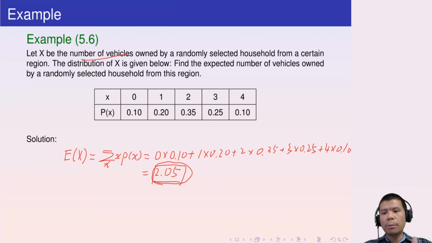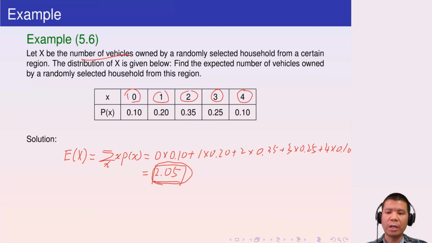So if you interpret the expectation as the theoretical mean or the long run average of a random variable, when this random variable is repeated many, many times, then the average can be a decimal, right? Even though we know that the number of vehicles X can be 0, 1, 2, 3, 4, they are all integers.